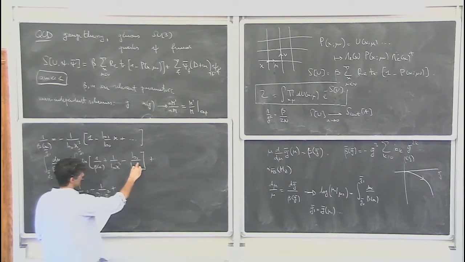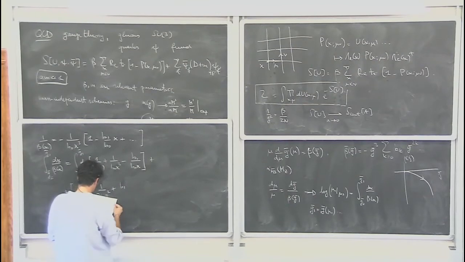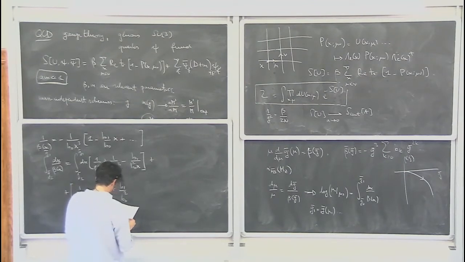And then from integrating this 1 over x, we get b1 over b0 squared. I've got a square here. Log, yeah.